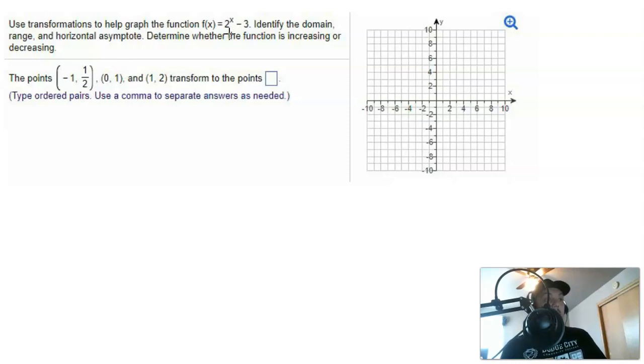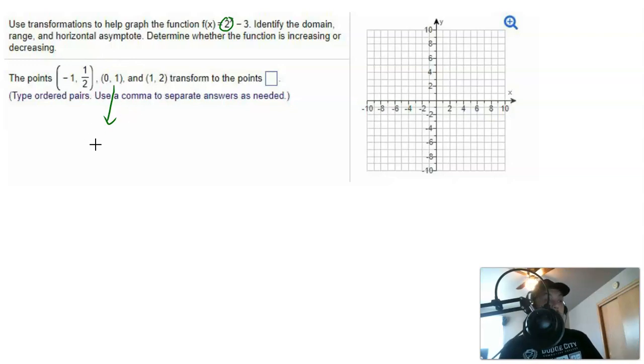But here, the base is 2, right? So the points that they're going to, now this is for my example, when you do the homework, you might have a different base. Your base might be 3 or it might be 5 or something like that. Whatever the base is for the function they're giving you, these points are points on the graph of the basic function with the same base.